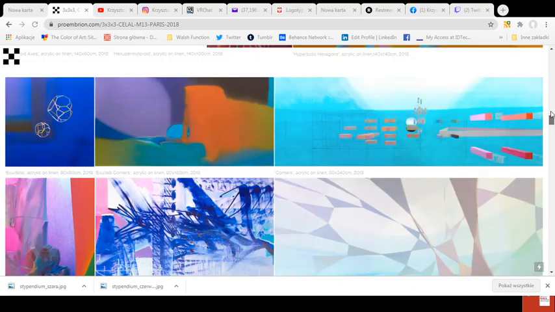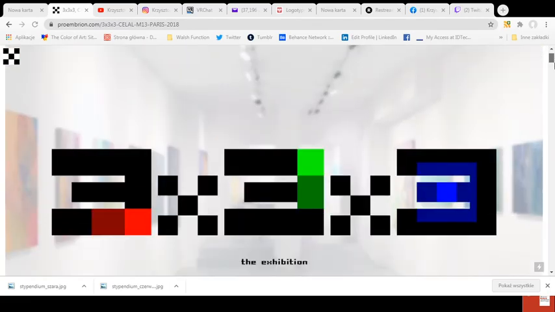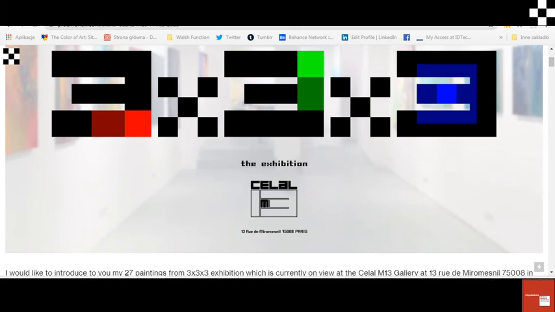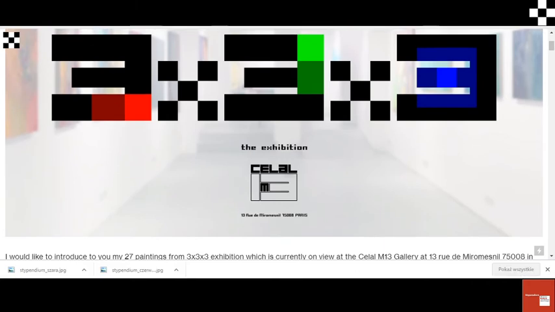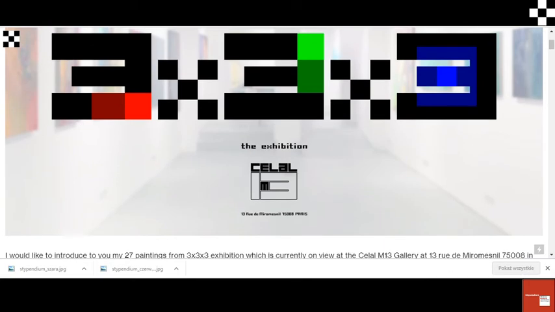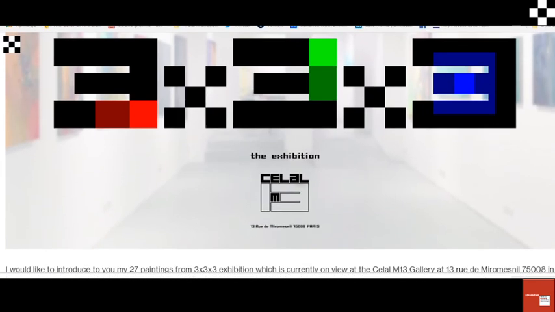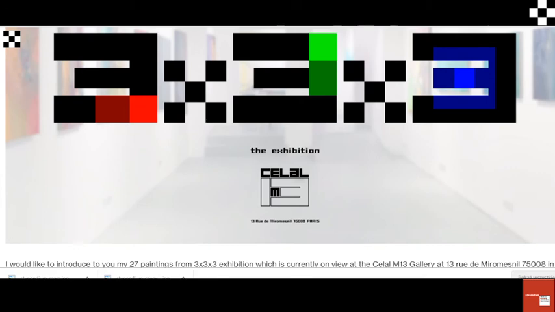These are the paintings from the exhibition 3x3x3 in Salal. I would leave it under the masks, like here. Okay, great.